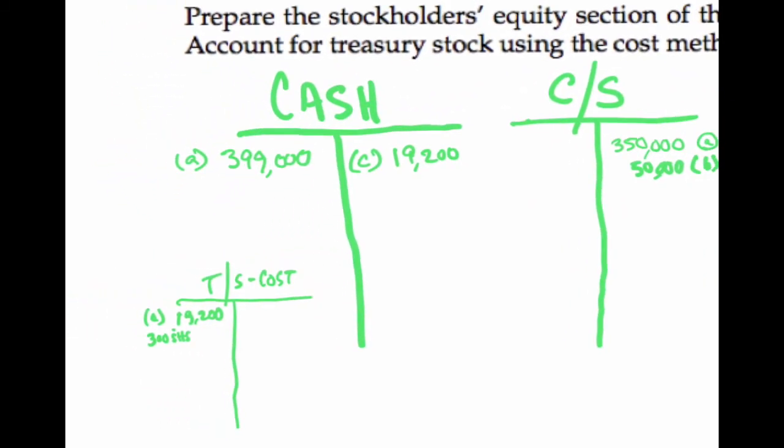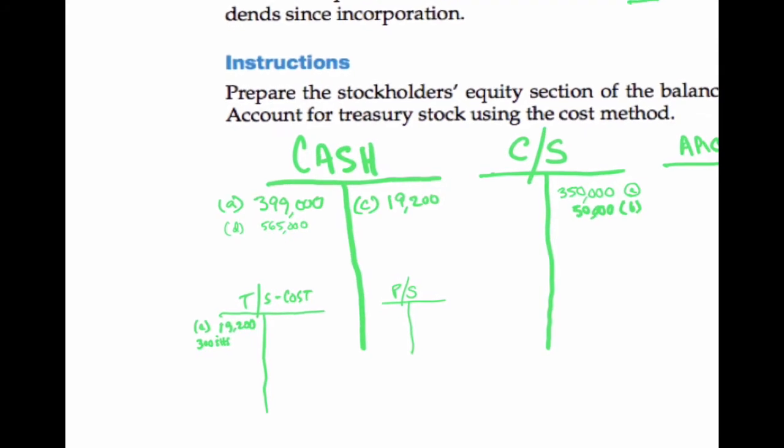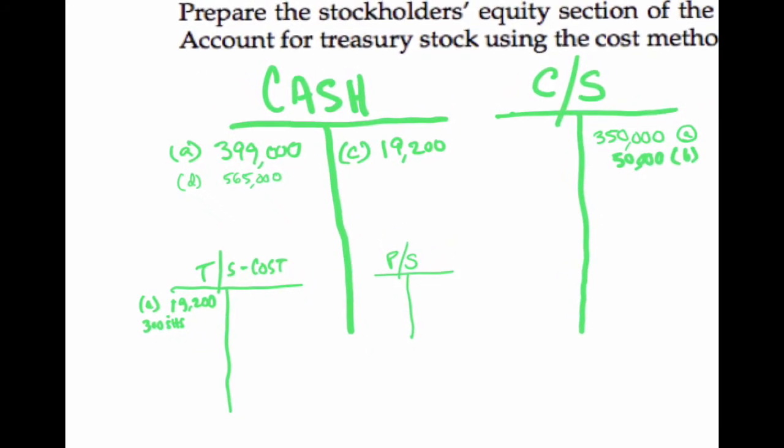We'll call that D. And we're going to credit preferred stock, 5,000 at 100, or 500,000, credit 500,000.